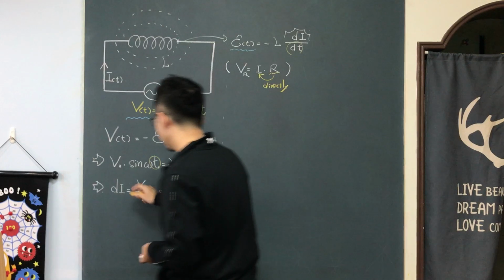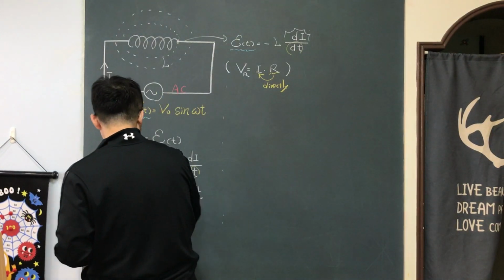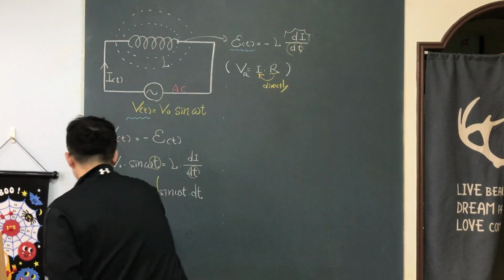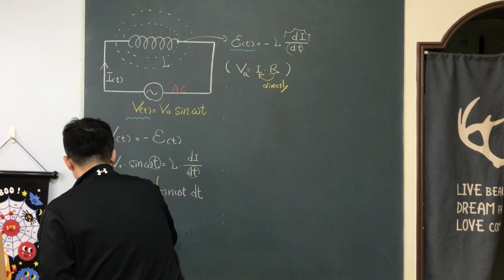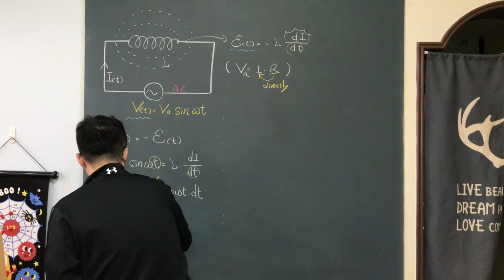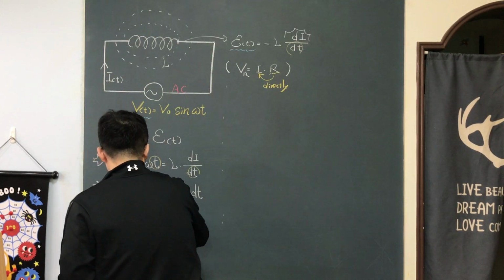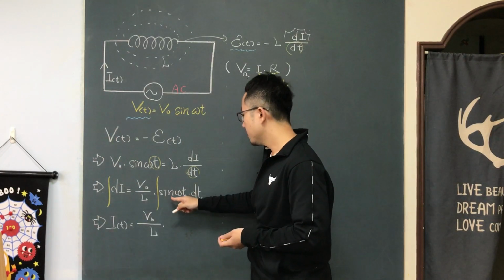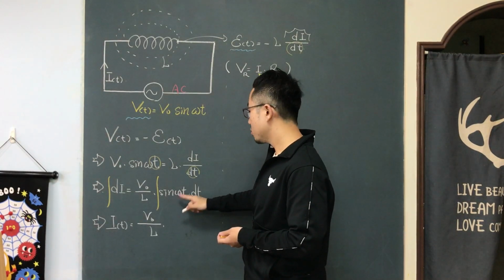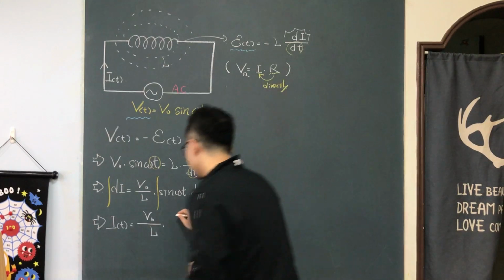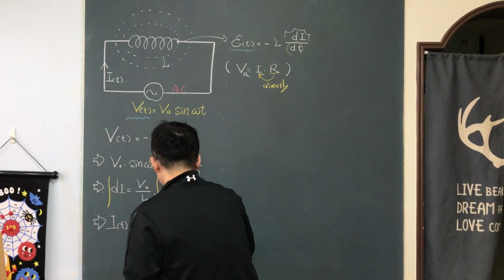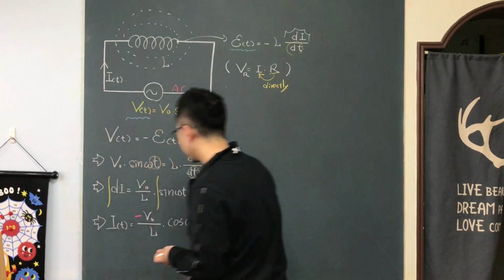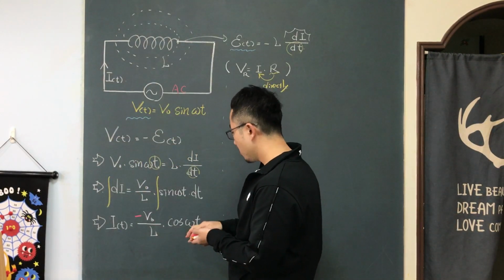Now we are ready to integrate both sides. Let's integrate it. The current as a function of time will be equal to V naught divided by L. If we integrate sine omega t, it turns out to be cosine omega t, but don't forget the negative, and don't forget the omega.